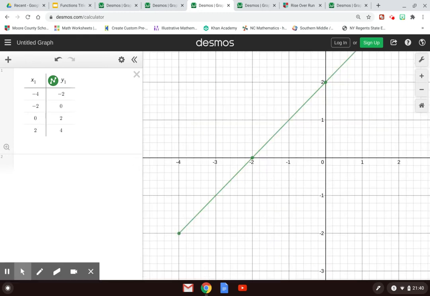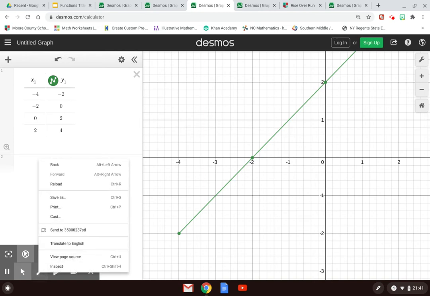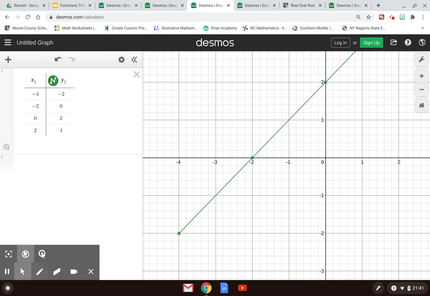All right, so if we go to the next one, same thing, pause if you need to, and go ahead and recreate this in your notebook. All right, so what we'll do then is, again, look at how we have rise over run. So we could pick 2 points again and start by drawing our slope triangle.